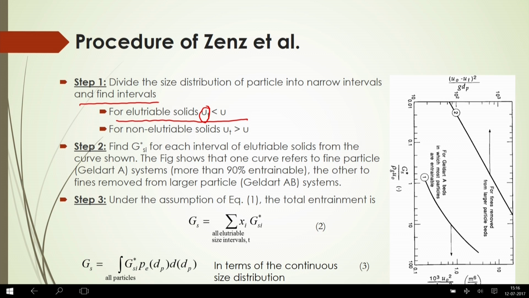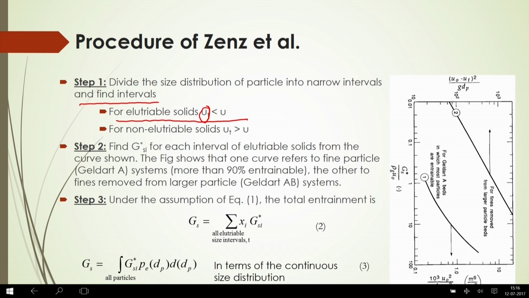So, they cannot be elutriated or segregated from the fine particles. And if the terminal velocity is less, then only it will be elutriable, and those particles will be segregated from the coarser particles whose terminal velocity is higher than the fluid velocity.